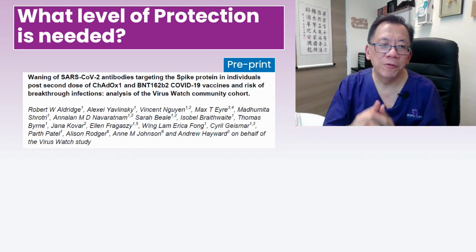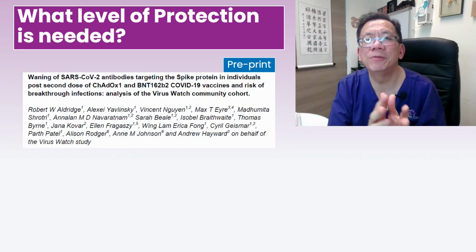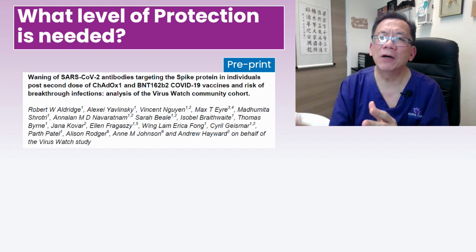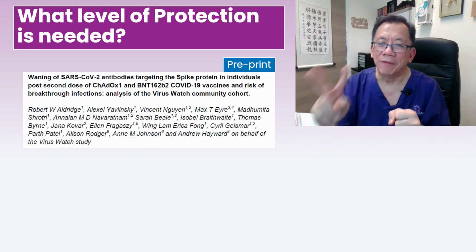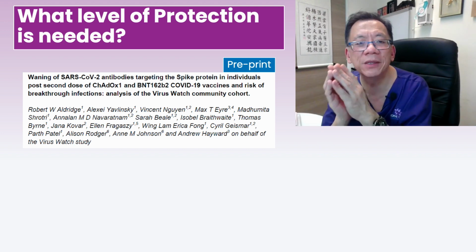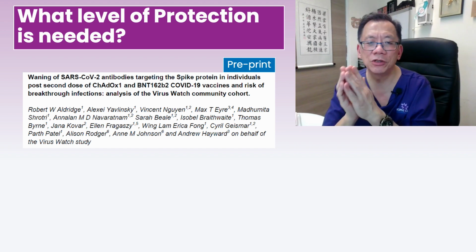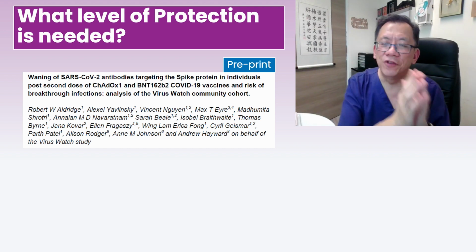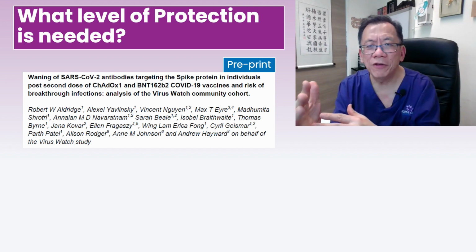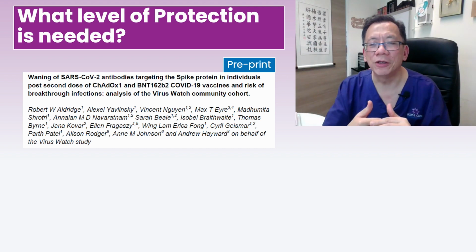This is a beautiful paper which is in preprint, which means it has not been peer approved yet, where they look at the amount of antibody levels and try to use that to predict if a person is likely to fall sick from the Delta strain. I want to stress, Delta strain versus not falling sick at all. So before they fall sick, you measure the antibody levels.